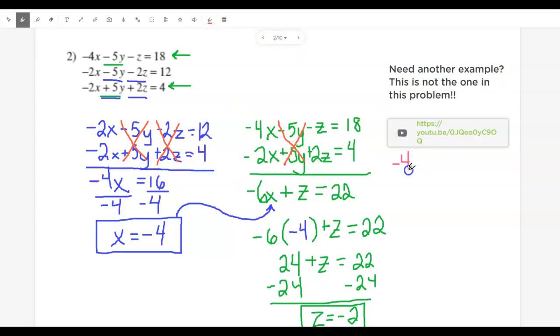Negative 4, then minus 5, and I'm going to leave the y there, because I don't know what y is. That's what I need to solve for. Minus z, which we found was negative 2, equals 18.